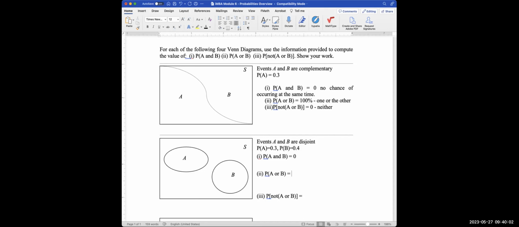You add them up, 30% for A and 40% for B. Because they do not overlap, the chance of A or the chance of B is just their sum. So when events are disjoint, you can just add them up, and that is 70%.